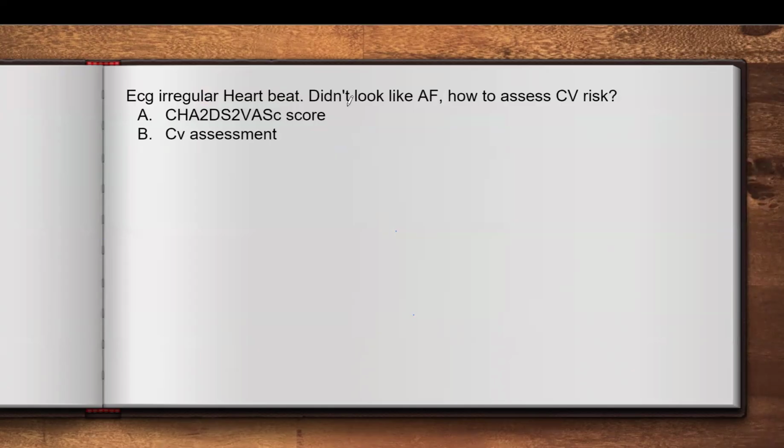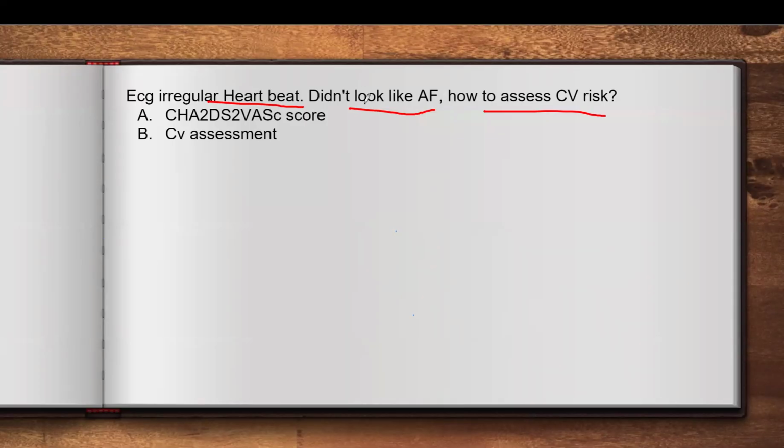ECG irregular heartbeat, didn't look like atrial fibrillation. How to assess cardiovascular risk? CHADS score or CV assessment? So this is very important to know which scoring you will do for what.